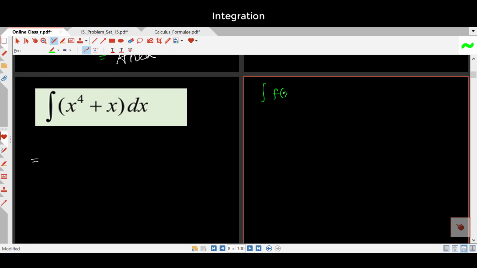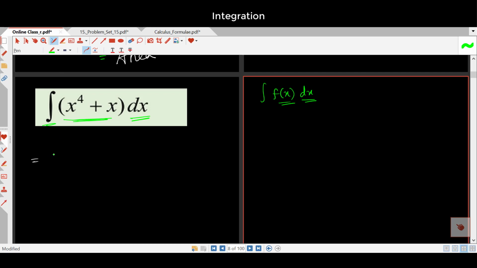If we consider the main notation of integral calculus, we have an integral sign, the main function, and we are integrating with respect to x. First of all, you can see that this is an indefinite integral. There is no lower bound and upper bound of integration. So this is easy to solve by using the formulas and the basic properties of integration.